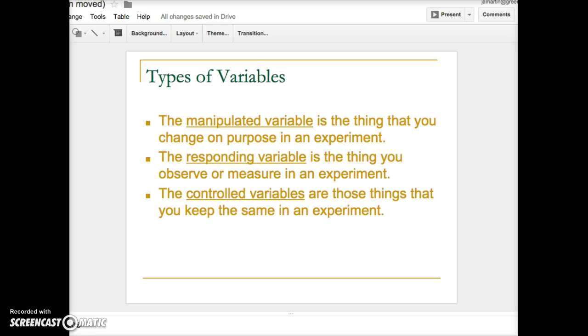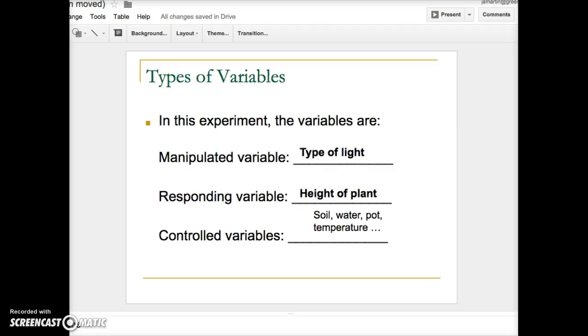He was manipulating the sunlight. The responding variable is the thing you observe or measure. So he was measuring the growth of the plant, and the controlled variables are the things that you keep the same. And in that example, he was keeping the soil the same, the water, the pot, and the temperature.